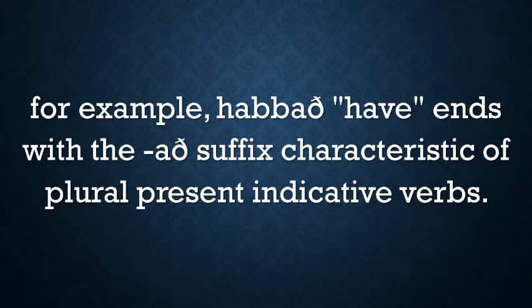For example, here we have the word have, which ends with the suffix characteristic of plural present indicative verbs. There were two imperative forms, two for subjunctive forms, two for the present tense, and two for the past tense, and several others which we no longer have.